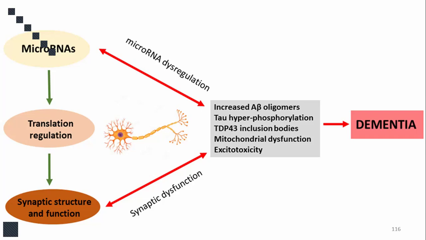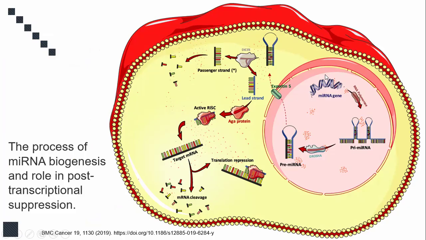So the same thing, the synapse. Remember, we're talking about synaptic structure and function, which is very important in the nervous system. If we go back to the gray box, all these developments will lead to dementia, and this is a result of microRNA dysregulation.